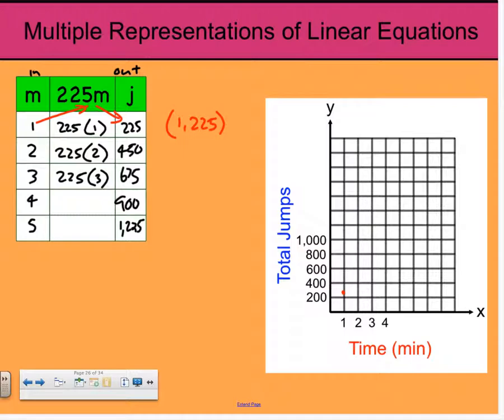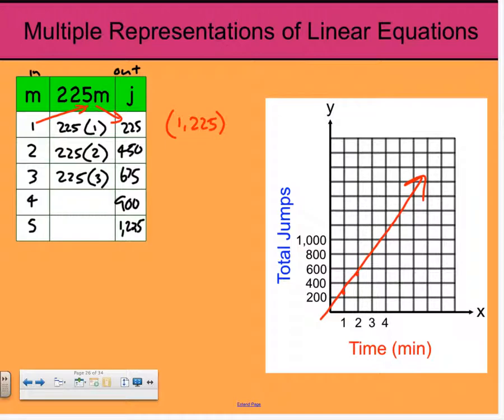And 2 is going to be 450, so something maybe in this neighborhood right here. Once we have these points plotted, we simply draw our line, and we're able to make a graph representation of the number of jumps that Chloe does per minute.